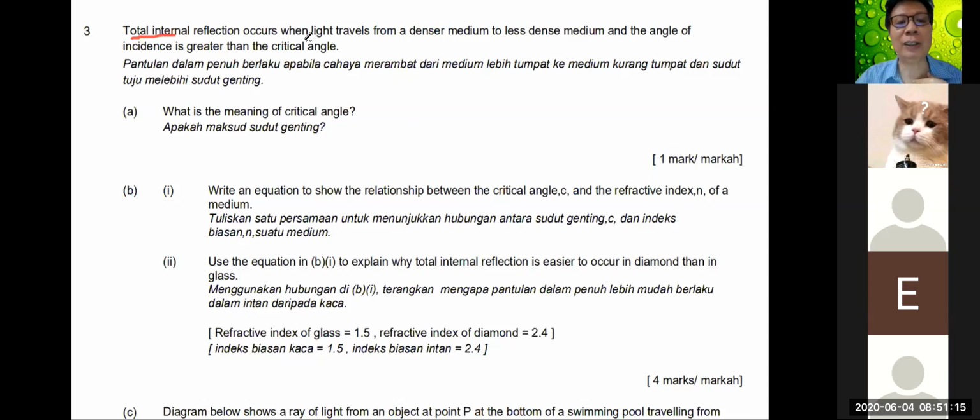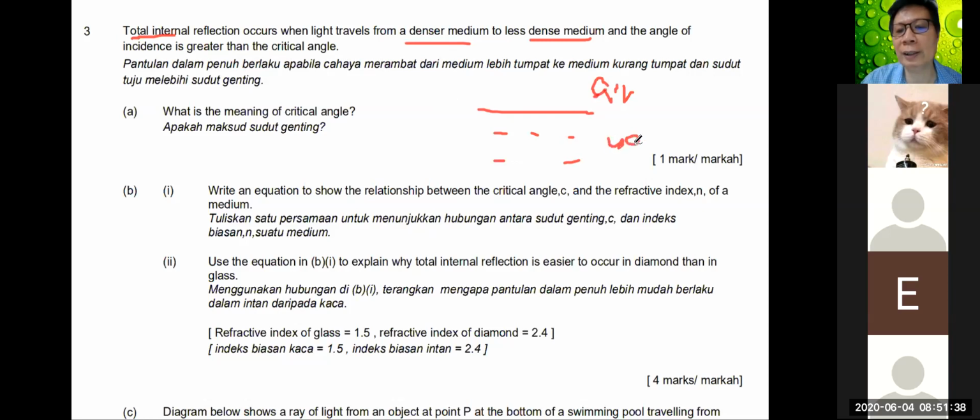Total internal reflection occurs when light travels from denser medium to less dense medium and the angle of incidence is greater than critical angle. Okay, come. Like this, let's say this is water. Okay, this is A. This is water.